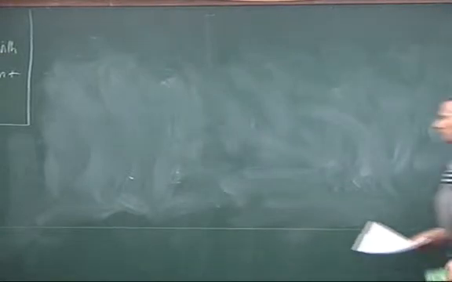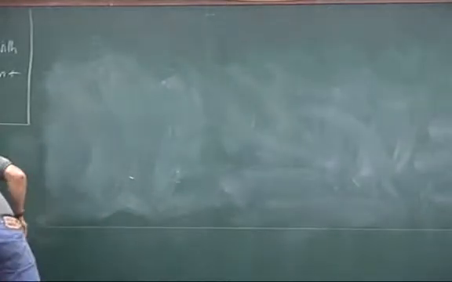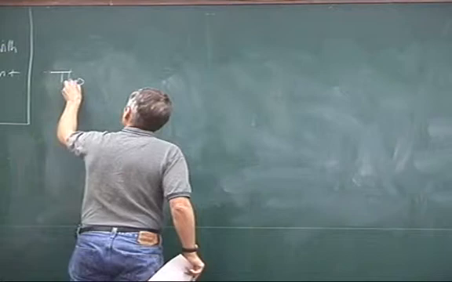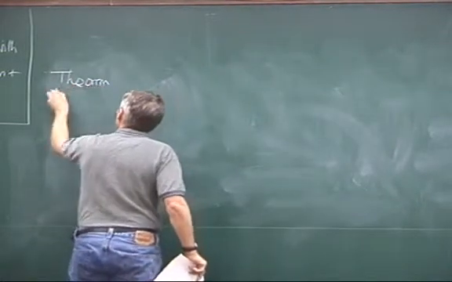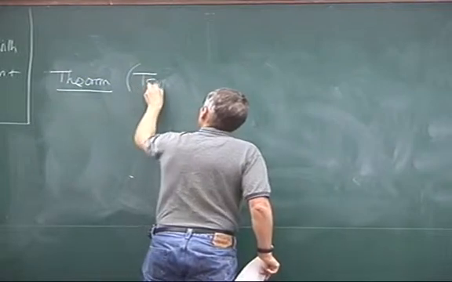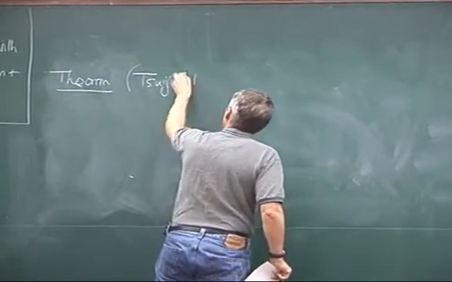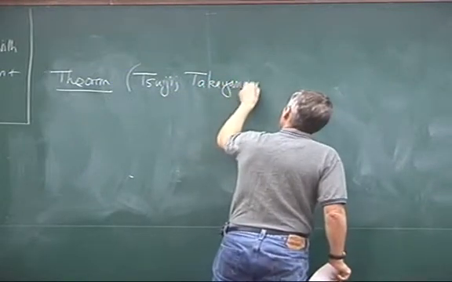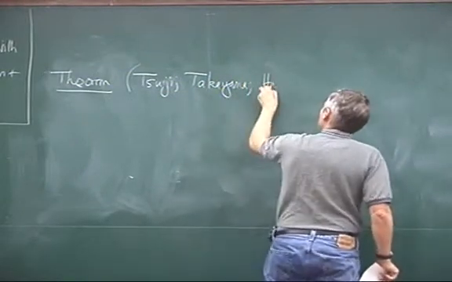Okay, so let me start off with the theorem that I proved with Christopher a couple of years ago, which was also proved by two other sets of people. As I say, this is due to Tsuji and Takayama, and then it was proved by Christopher and me.